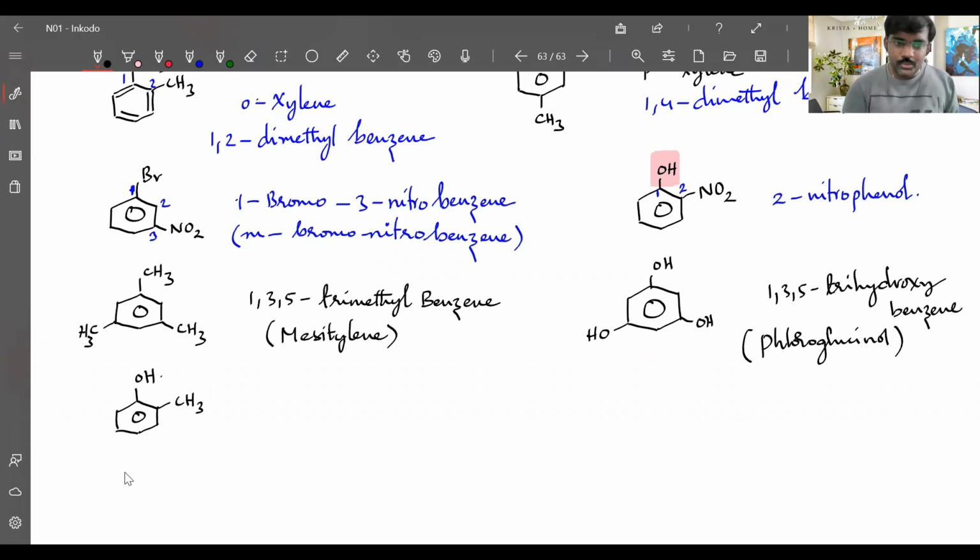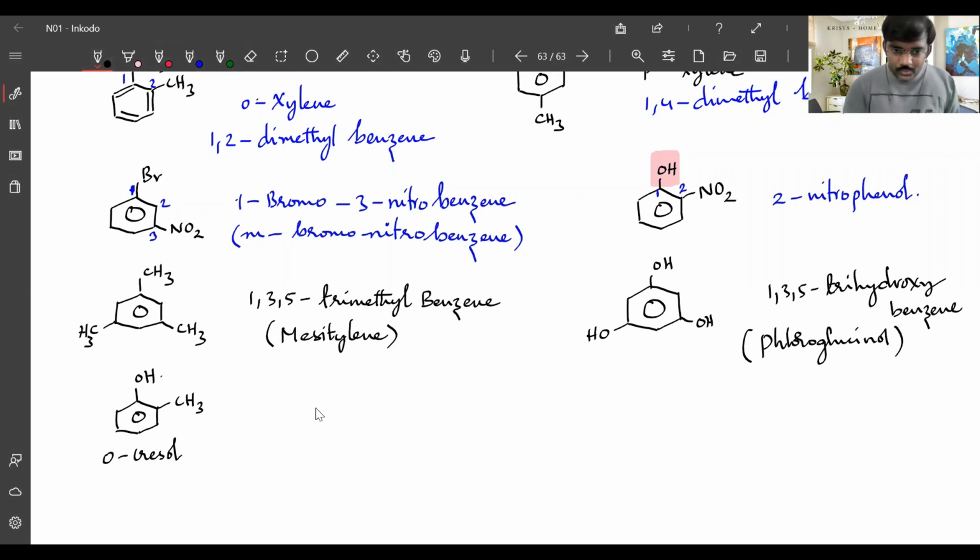These compounds are called cresols. Now if the methyl group is in the ortho position, we call it orthocresol. Similarly, the methyl group can be in the meta position and also in the para position. Then we say metacresol and paracresol. So on a benzene ring, when I have both methyl and OH groups, we call it cresol.